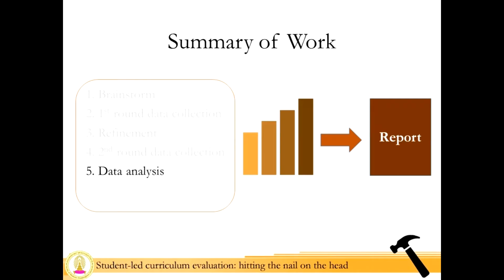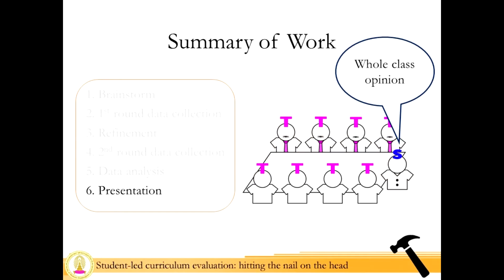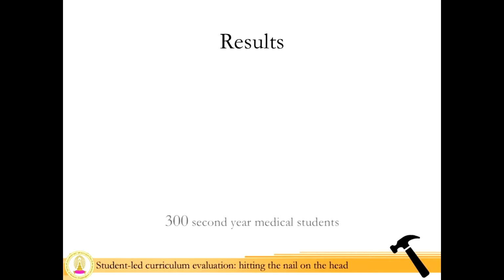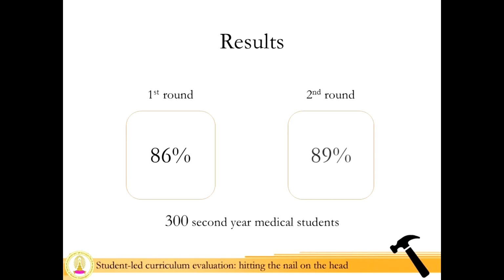The fifth step is data analysis, presentation preparation, and report writing. Finally, we presented the results to the Curriculum Committee and also our fellow students. The response rate in the first round was 86% and in the second round was 89%.